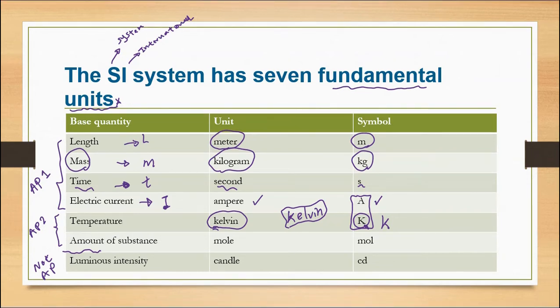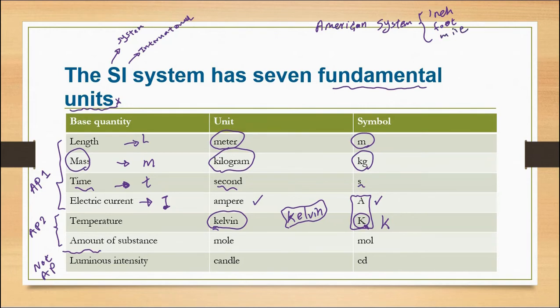There is another system of measurement which is called the American system, but it's not used as much as SI units are used. Only 1 or 2 countries use this system. For example, for length, they have different units: inch, foot, yard, mile.